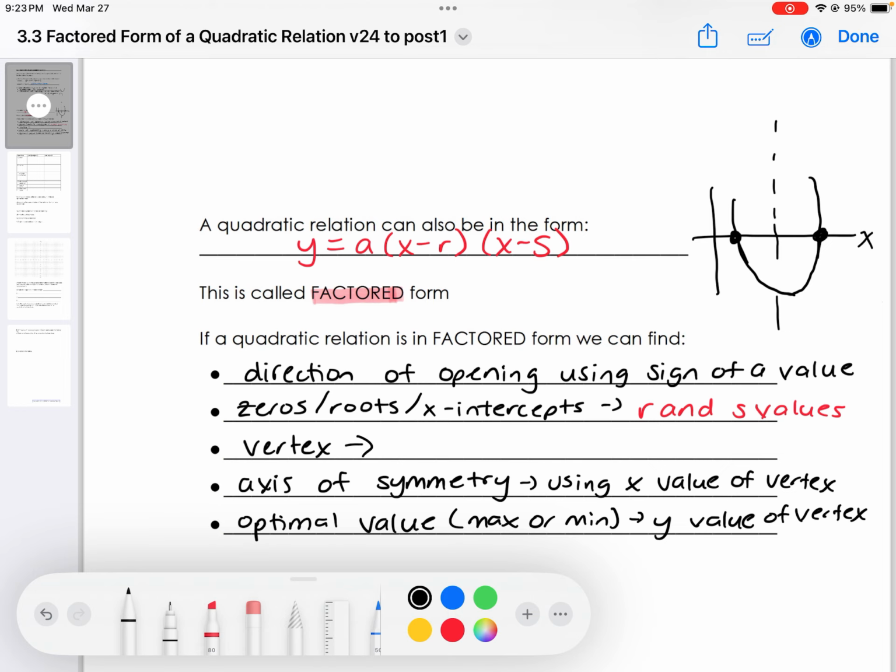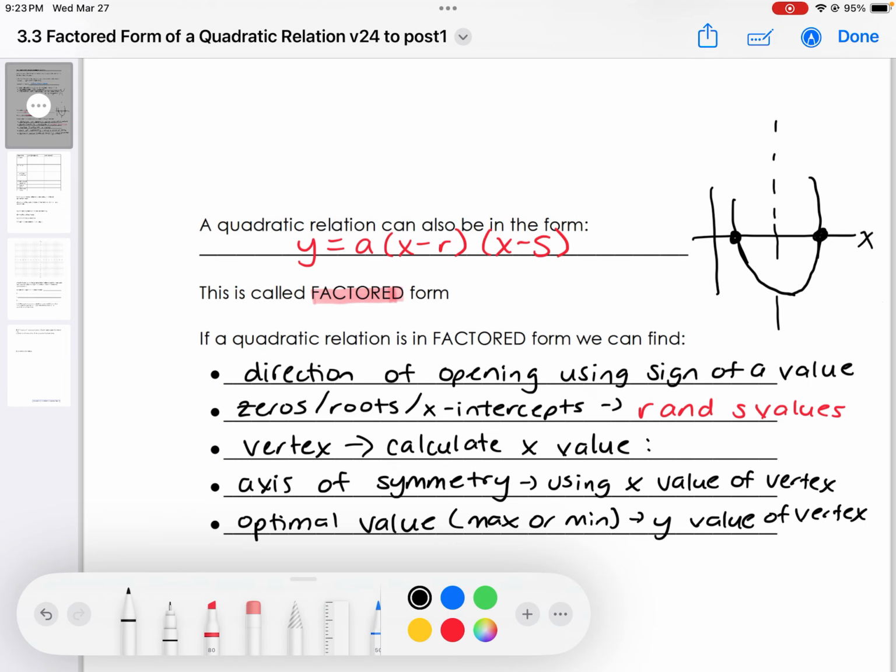Okay, so we are going to calculate the x value of the vertex by adding, actually I'll write it as a mathematical equation.